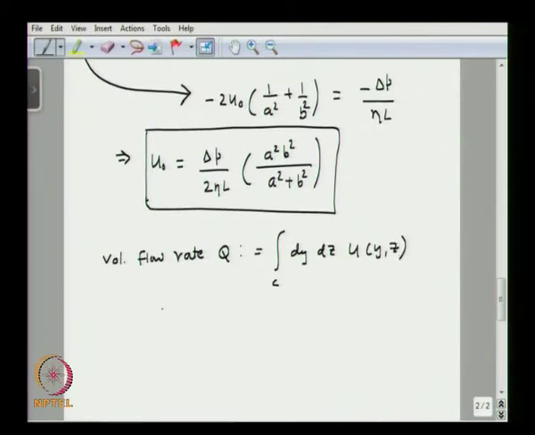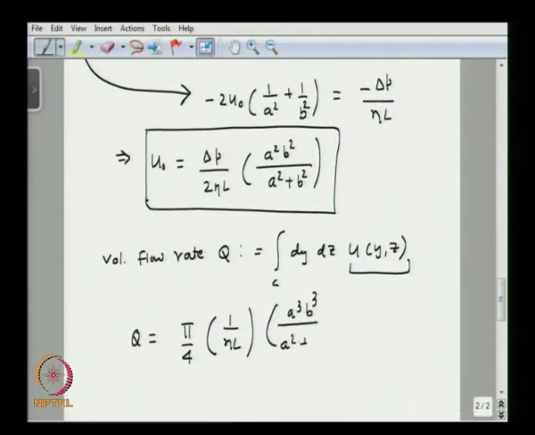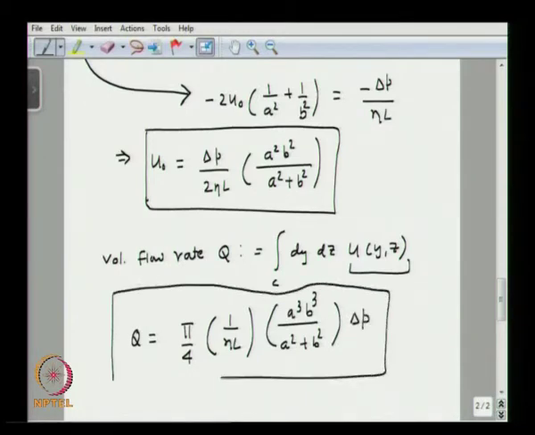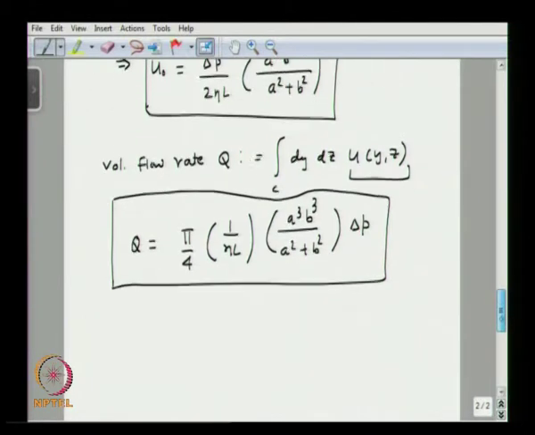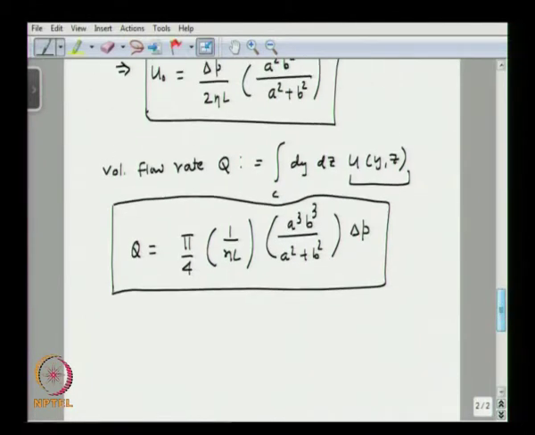Now if you substitute the expression for the velocity here, what you would get is Q will be equal to pi by 4 into 1 over eta L into A cube B cube divided by A square plus B square into delta P. So that would be the expression for the flow rate in an elliptical channel cross section.